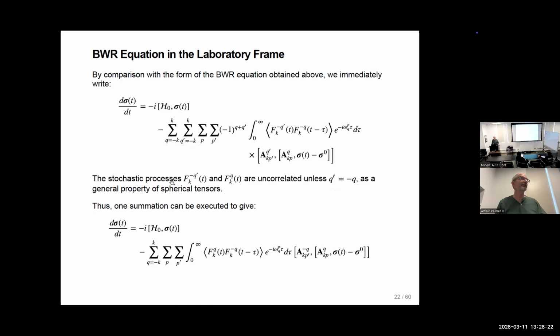This property is basically because if you think about, for example, Y2 naught only depends on theta, and Y21, say, has a dependence on theta and phi.